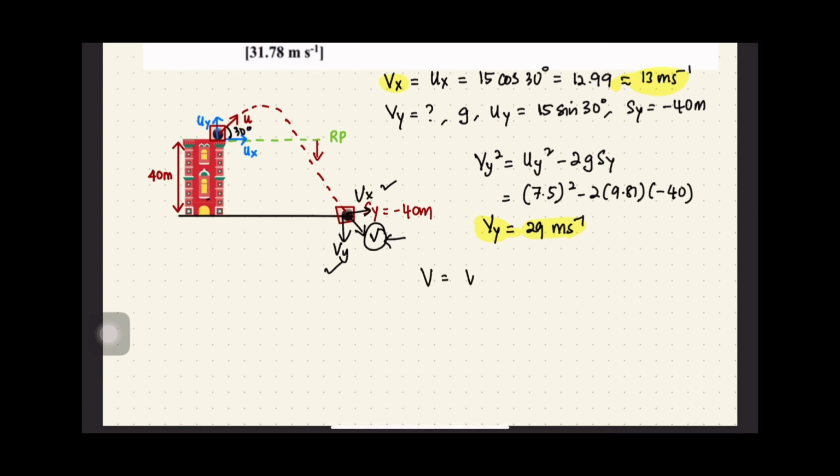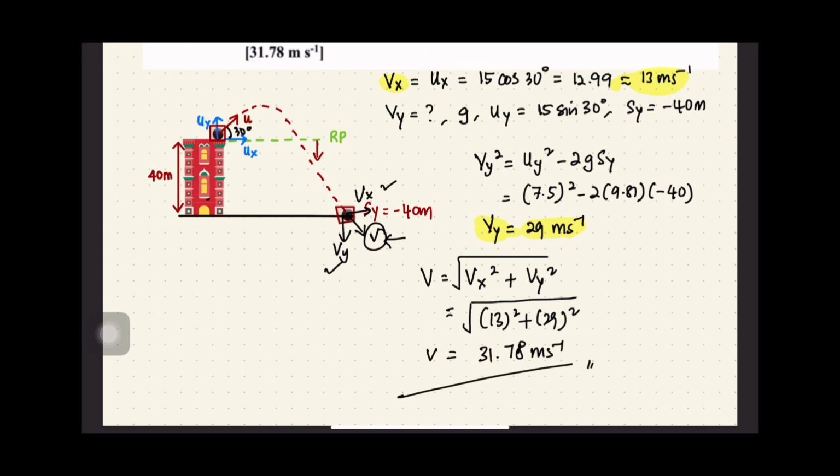V sama dengan Vx power of 2 plus Vy power of 2, then square root kan. Substitute the value. 13 power of 2 plus 29 power of 2. Then we get the answer is 31.78 meter per second. So this is the value for V.